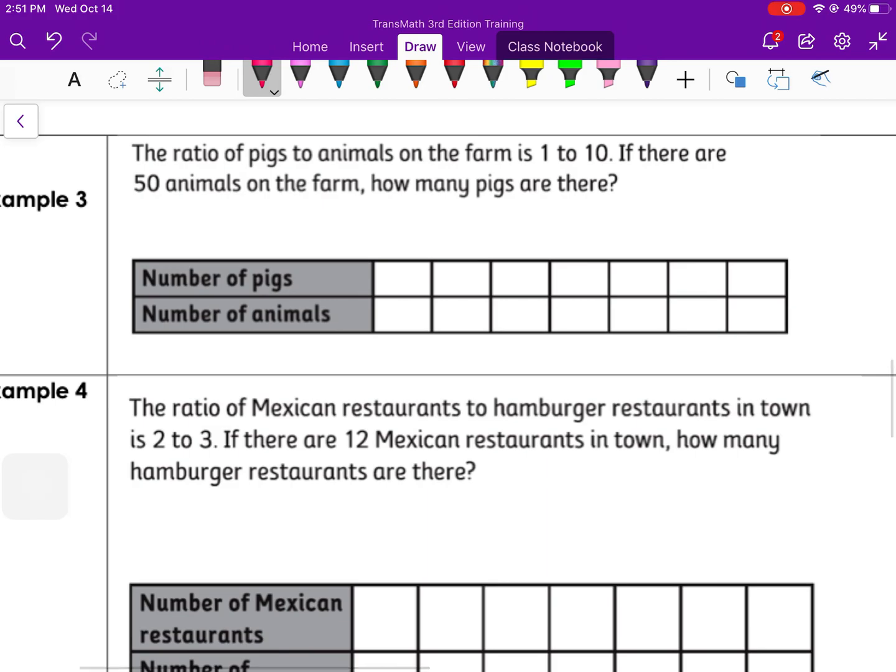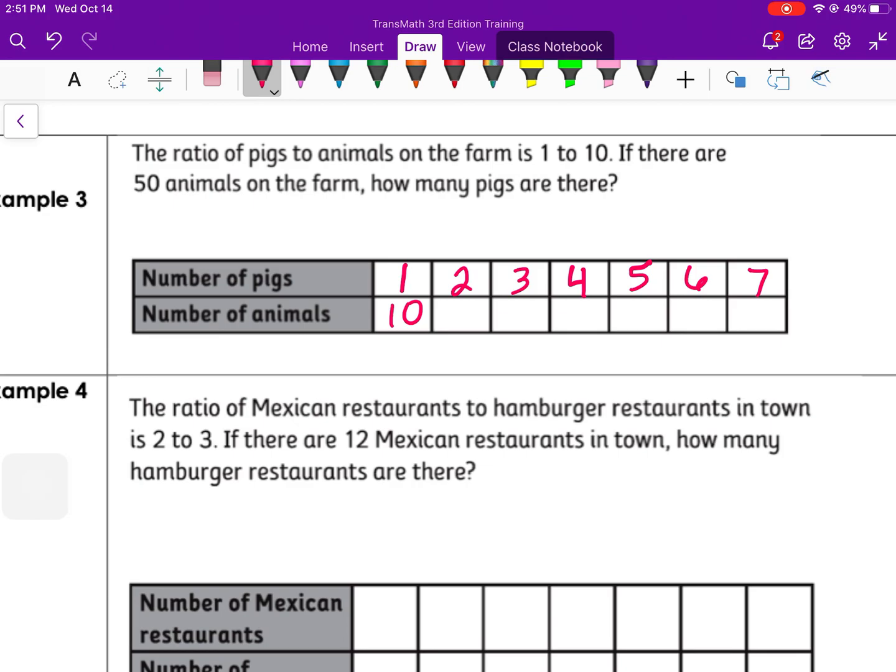In this one, the ratio of pigs to animals is 1-to-10. So pigs is 1 and number of animals is 10. Since we're starting with 1 pig, I'm going to do 2, 3, 4, 5, 6, and 7, just counting by 1s there.